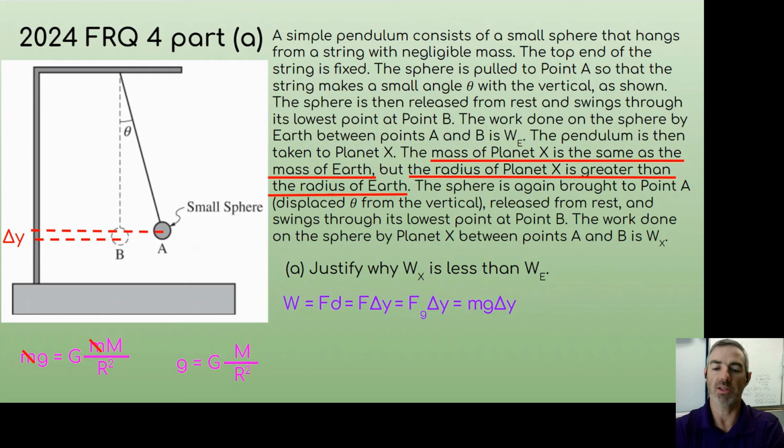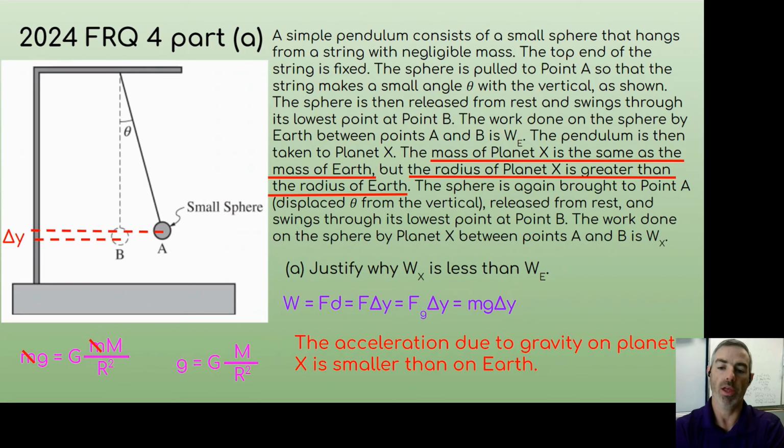The bigger the radius, looking at that equation, the smaller the acceleration due to gravity, because we're dividing by a larger number and squaring it. So the acceleration due to gravity on planet X is smaller than on Earth, which means the work done on planet X is smaller than the work done on Earth.